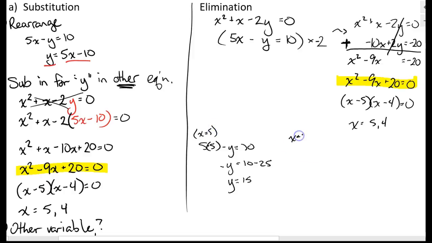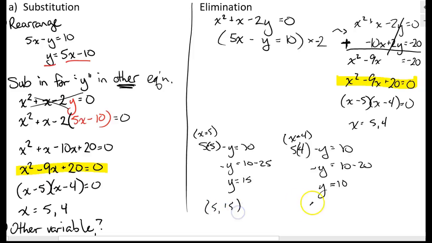When x equals 4, we would have 5 times 4 minus y equals 10. So we got negative y equals 10 minus 20, or y equals 10. So either way, my two solutions are 5 and 15 for one coordinate, and 4 and 10 for my other coordinate.